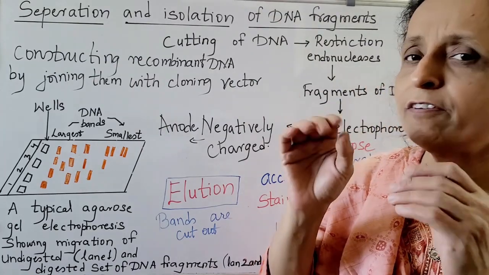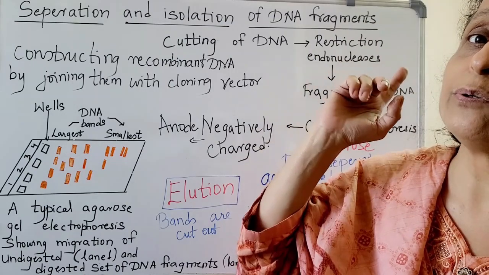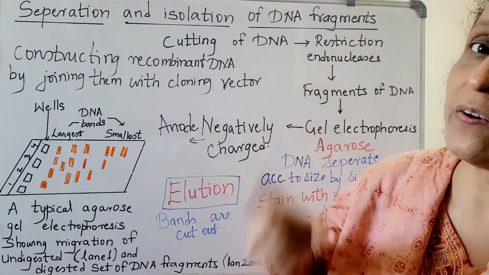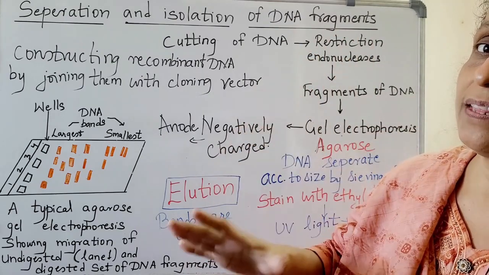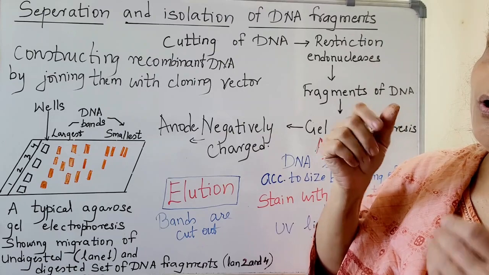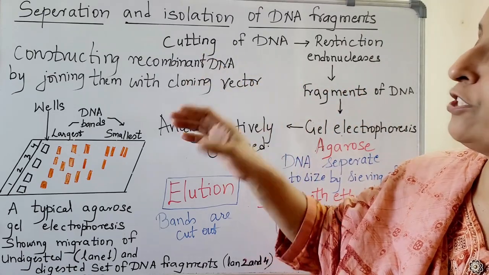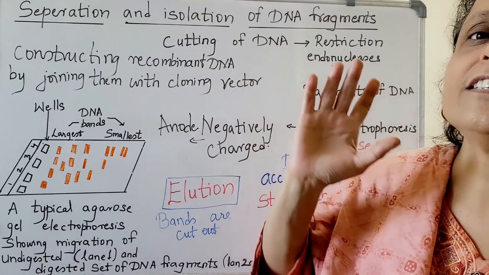And even then you won't be able to see unless you look under UV rays. Once it is stained with ethidium bromide and you see with the UV rays, behold, you see the orange color. You can see this orange color, that is DNA.